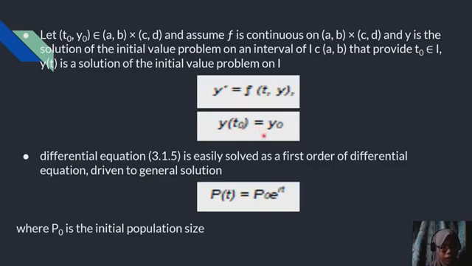From that, the differential equation 3.1.5 is easily solved as a first order differential equation, giving the general solution P in terms of t is equal to P naught times e to the power of rt, where P naught is the initial population size.